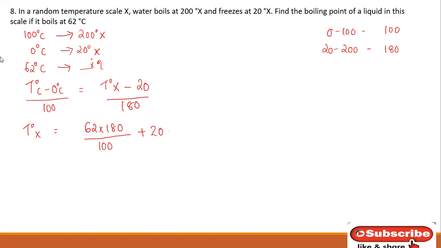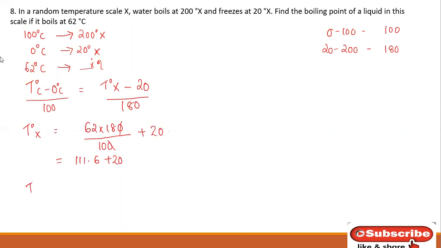Now 0, 0 cancelled. 62 into 18 divided by 100. We will get 111.6. Plus 20 if you are doing, we will get 131.6.